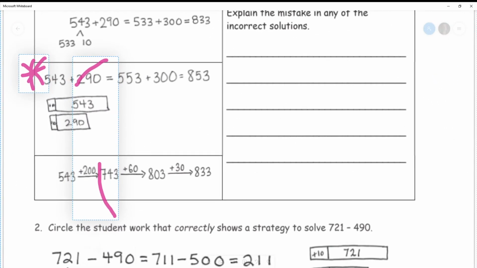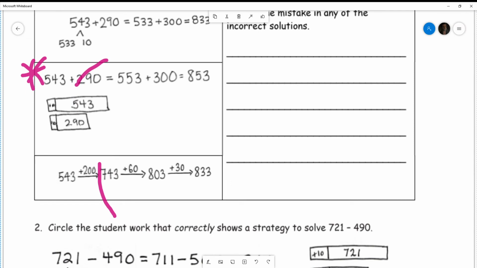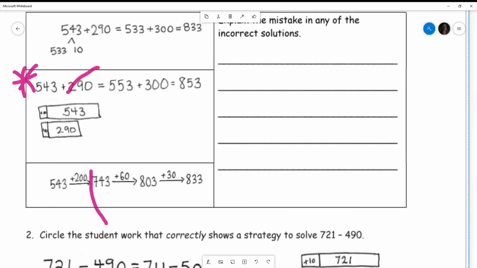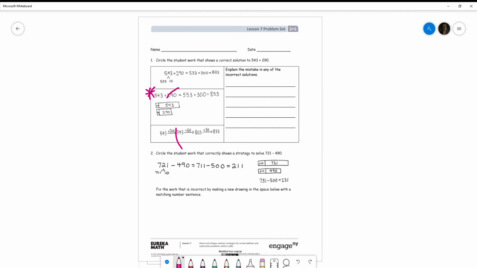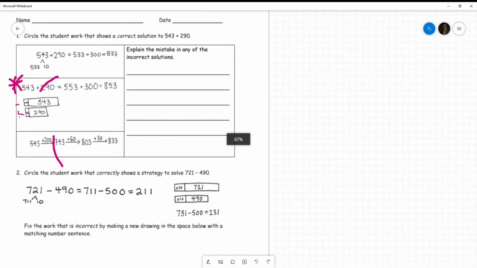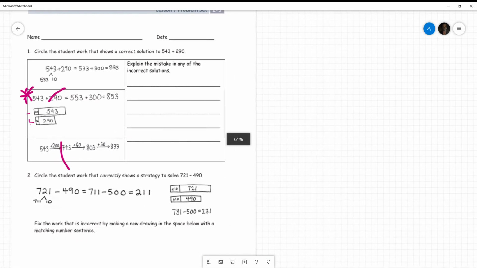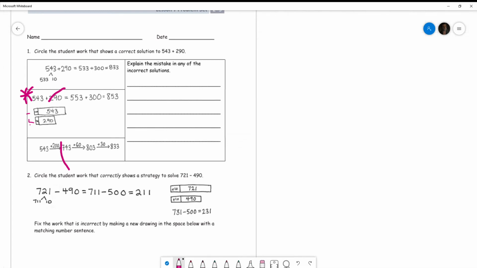So that says plus 10 and this says plus 10. It's just really hard to see because it's so tiny. That's not right. Let me erase this.